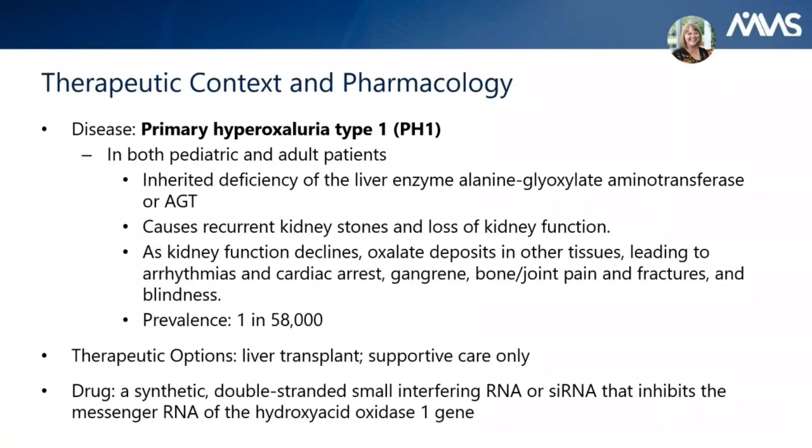As that kidney function declines, the oxalate continues to accumulate and begins to deposit throughout the body and other tissues and can lead to systemic manifestations, including arrhythmias, cardiac arrest, gangrene, bone and joint pain, fractures, and blindness.